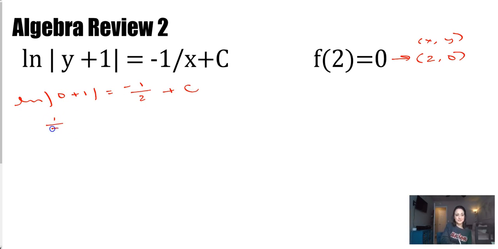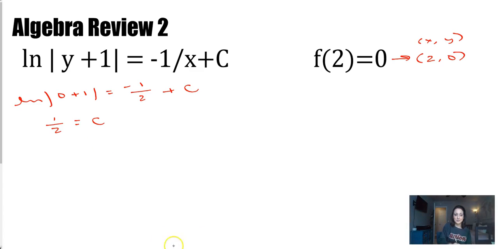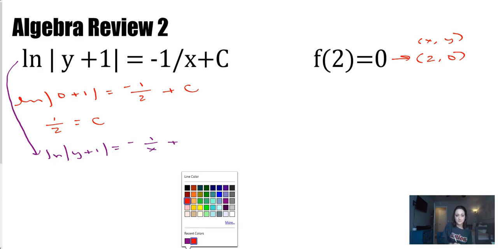So this is ultimately going to give me that C is positive 1/2, right? So there's step 1, I found C. Now step 2, come to your original, rewrite it with the C that you found. So ln of the absolute value of y plus 1 is equal to -1 over x plus 1/2, right? That's what we got for C.